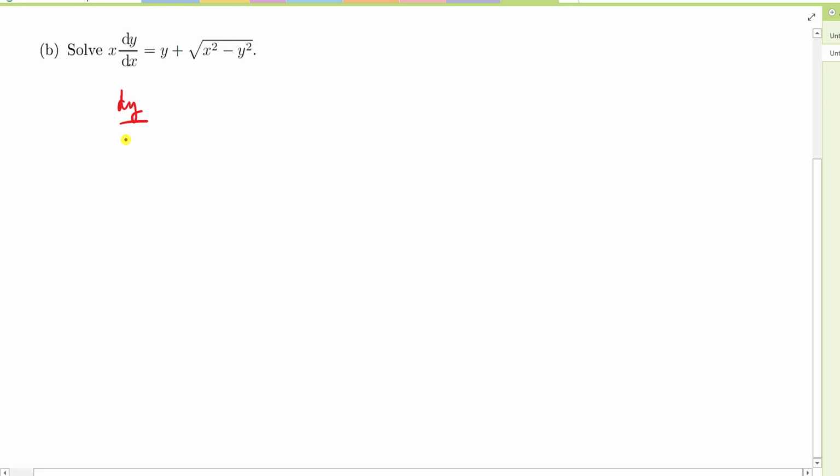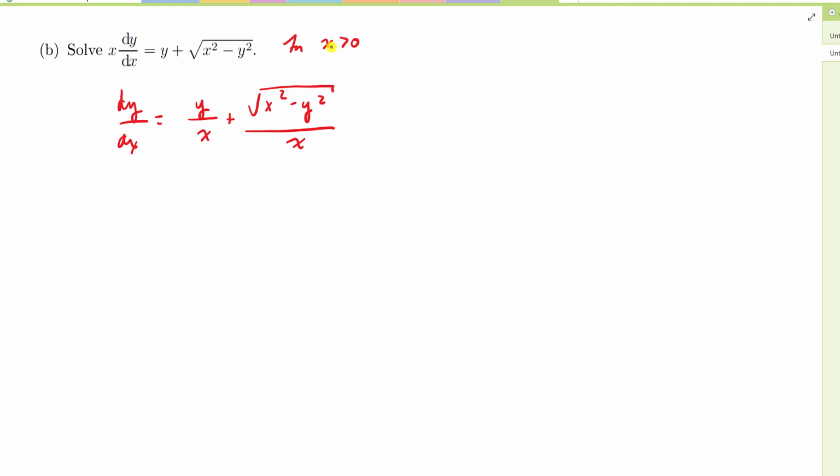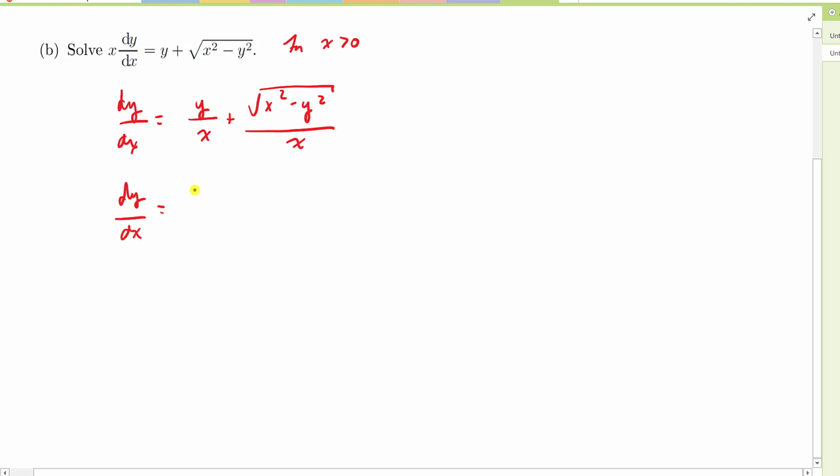So I can rewrite this as dy/dx is equal to y over x plus the square root of x squared minus y squared all over x. And I've forgotten something. I want to specify that x has to be positive for this particular ODE. Why? Because what I'd like to do is pass this x inside the square root.